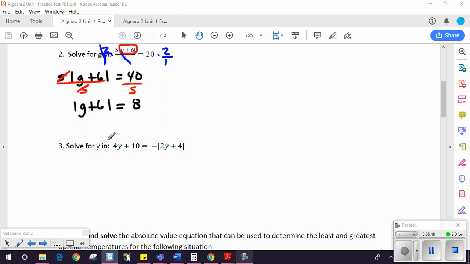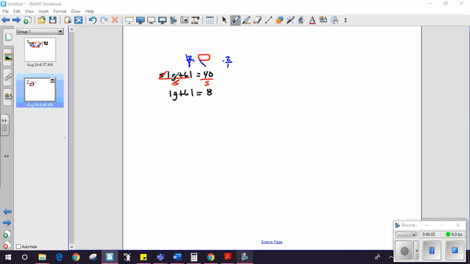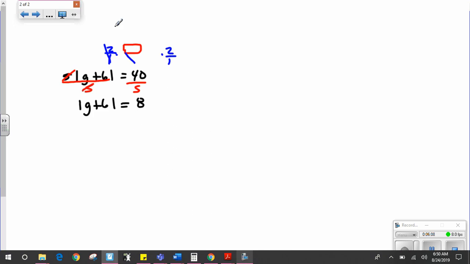Now that my absolute value box is isolated, I can now set up my 2 tracks. Remember there's always a positive and negative track, or original versus opposite track, depending on how you want to look at it.